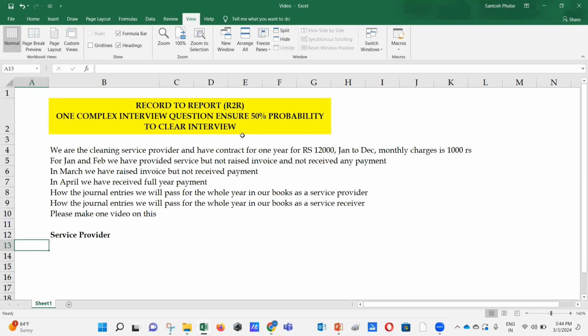So now, when you deliver the services to your client, and if you haven't raised an invoice on him, then you have to take the entry for unbilled revenue. That revenue is generated, but you haven't raised the invoice. So you have to consider it in your books as unbilled revenue.